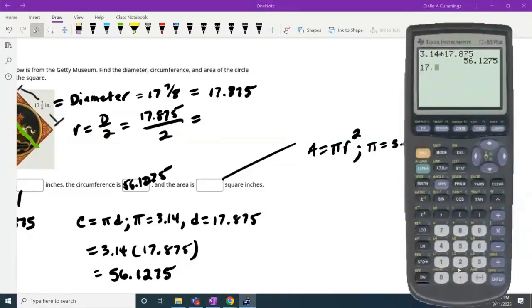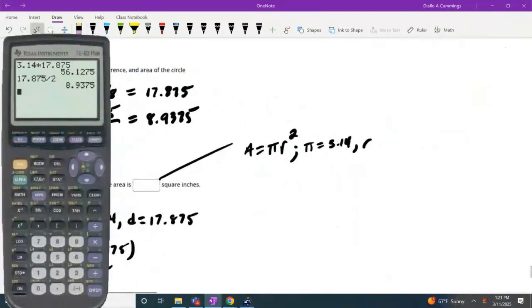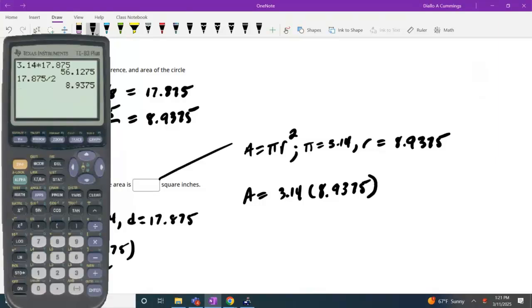So I'm going to put in 17.875, and we're going to divide that by 2. So the radius is 8.9375. So writing this all out, we have 3.14 times 8.9375 squared.